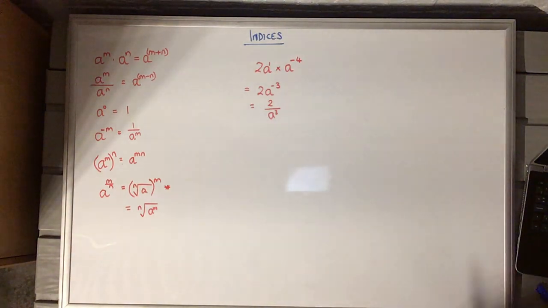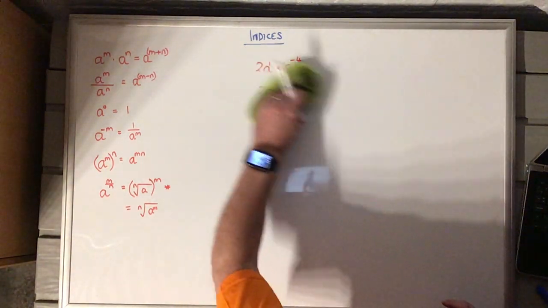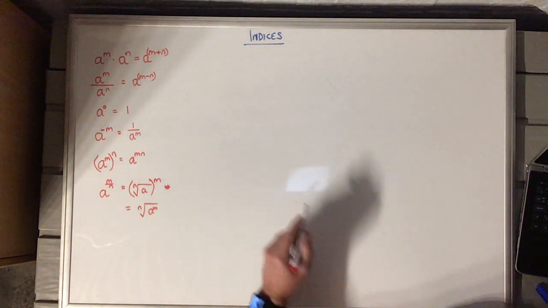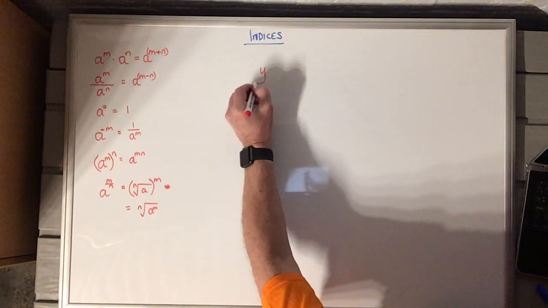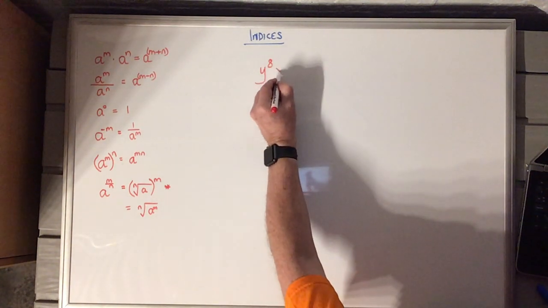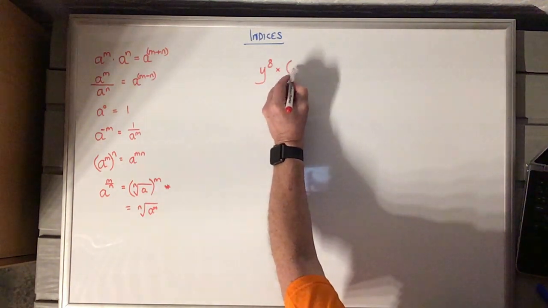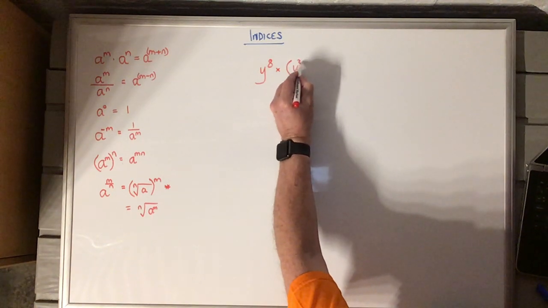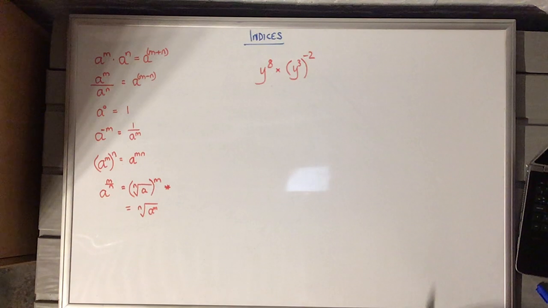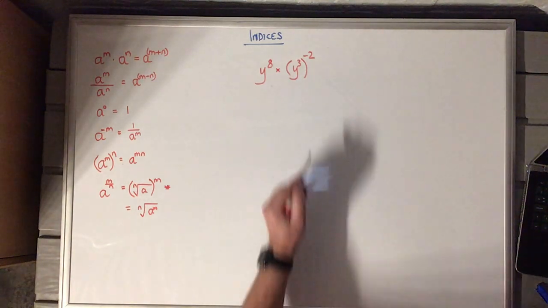Okay, let's look at the next question. Along the same lines, using some of the same formulas, but introducing another one as well. Y to the power 8 times bracket y to the power 3 all to the -2. So remember your order of operation. You have to do the brackets first.